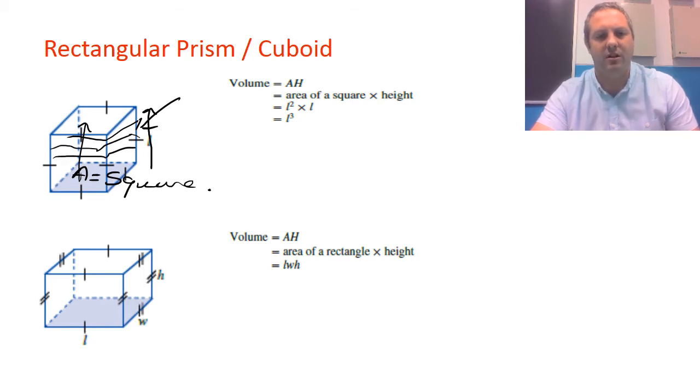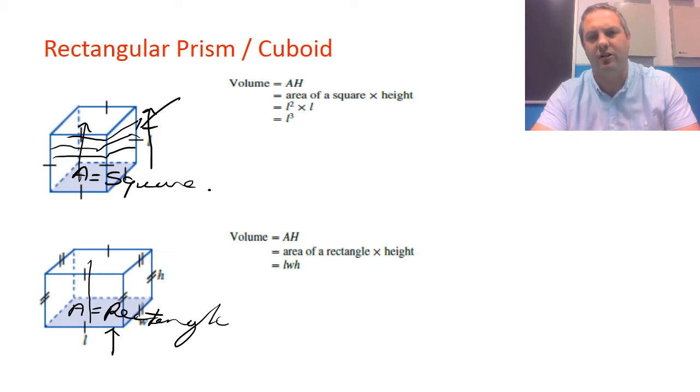Here we have a rectangular prism. So our area here is a rectangle, and that rectangle goes all the way through. That makes it a prism. So here we have our volume of a cuboid: area of the square times the height. Now, cubes are pretty easy.